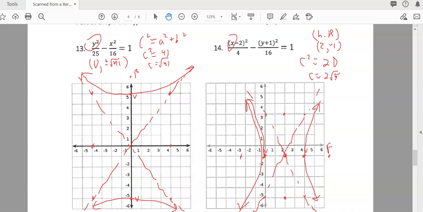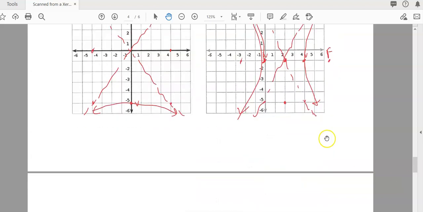Those are my focus points. You might want to use your formula. I think it's h, which is 2, plus or minus c, which is 2 root 5, comma k, which is negative 1. Those would be the ordered pairs.